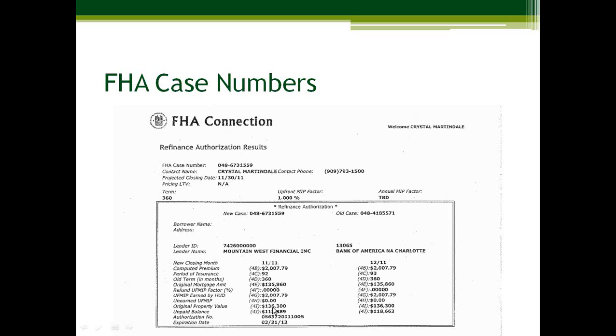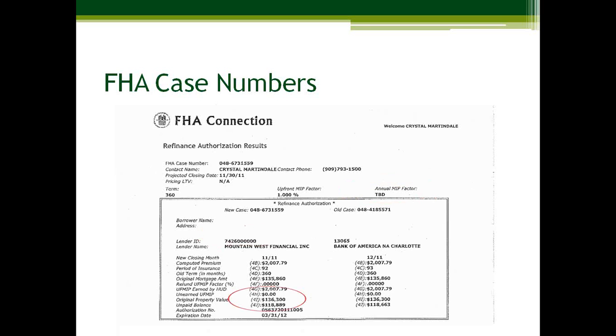And you're going to take, again, the property value and the unearned upfront MIP. And in this case, they have 0. And then your annual MIP factor is going to be determined upon your loan to value. So again, here's the information that's vital for the worksheet that we're going to be going over shortly.